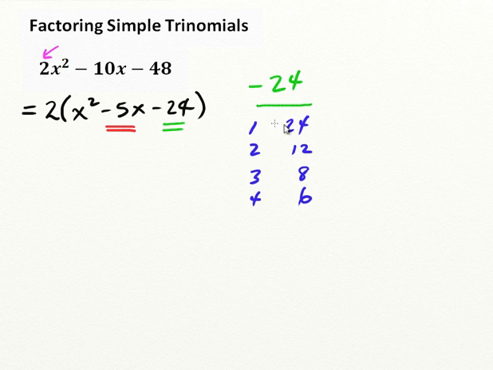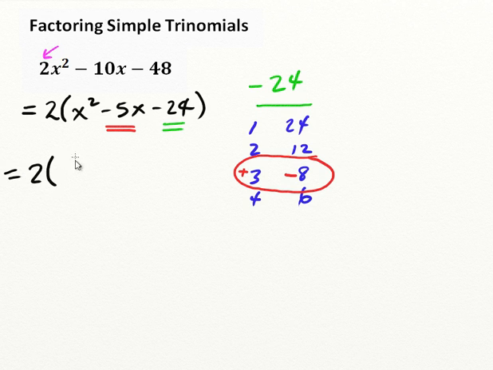Even if negative 1, positive 24, that gives me 23. Negative 24, that gives me negative 23, so that's not it. But if I just glance down here, I can see that this looks really promising. And indeed, if I made the 8 negative and the 3 positive, that would give me negative 5 when I add them together, and it does give me negative 24 when they're multiplied together. Once I recognize that, I'm done.